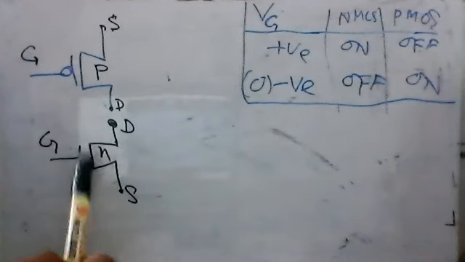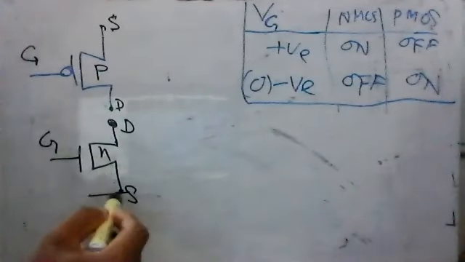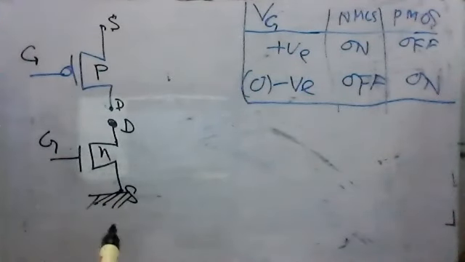And we have to put this one at the bottom because the source for the NMOS is ground. Remember that we learned last class. The source for the NMOS is ground, so this one will be the grounded source. And the source for the PMOS is high voltage. We already learned last class.